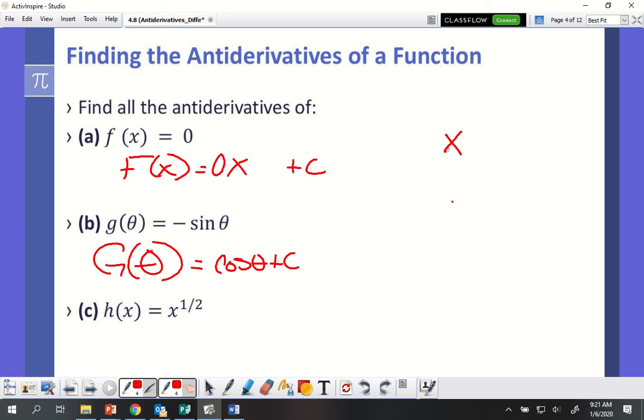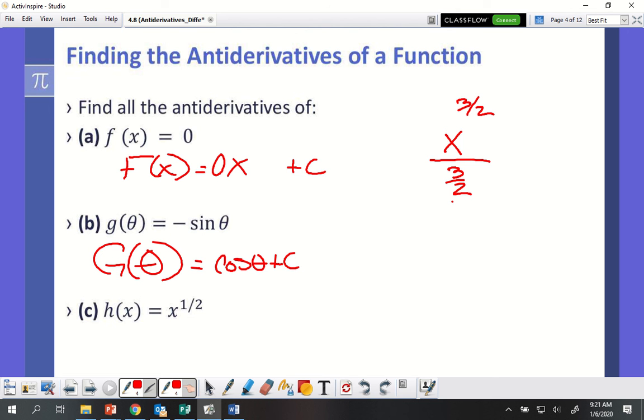Because I'm adding 2 over 2, right? I'm adding one exponent, so that's 3 halves. And then divide by 3 halves. But what about fractions? I don't like dividing by fractions.